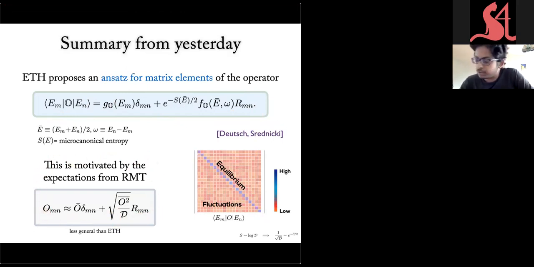We started with a GOE matrix as our Hamiltonian. We found the eigenvectors, and then we found the matrix elements of this operator O in the basis of energy eigenstates. From there we arrived at this result for the matrix elements of an operator. This is closely related to this, because this 1 over square root D is related to the rank of the matrix.